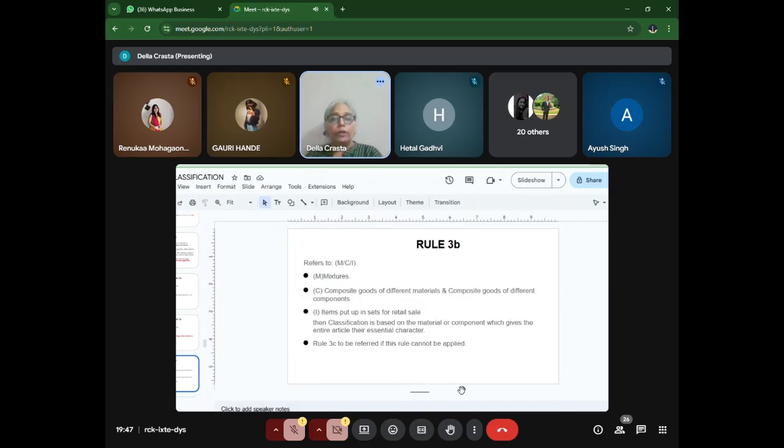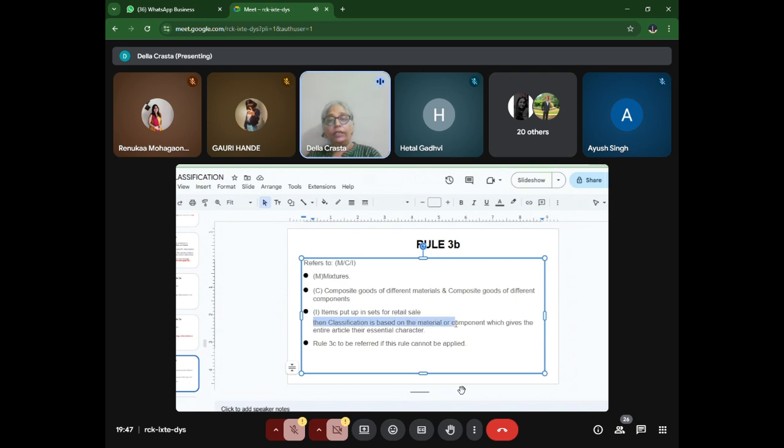So here, what 3B says, when you are having this kind of article, then classification is based on the material or component which gives the entire article its essential character. Now, doesn't this sound similar to a rule we have already understood?